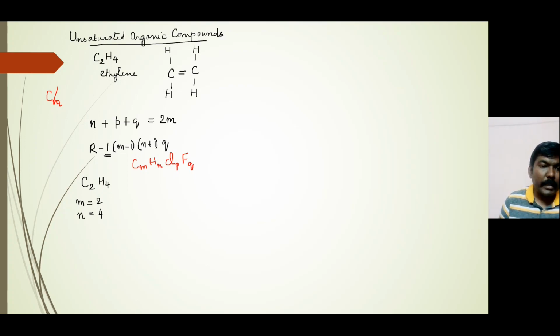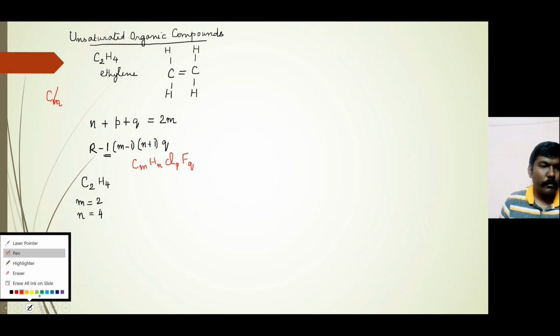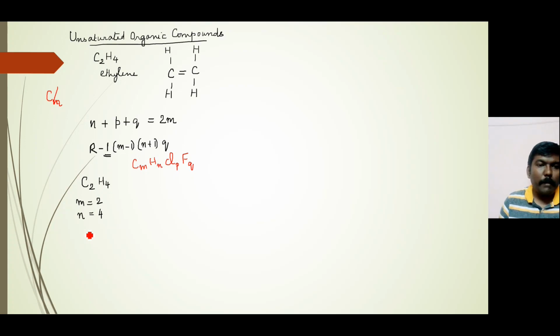So the number of carbon atoms that we have is 2, and the number of hydrogen atoms that we have is 4. P is going to be 0, and Q is going to be 0.